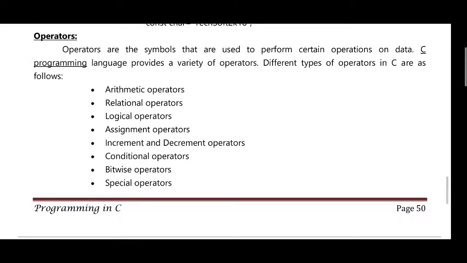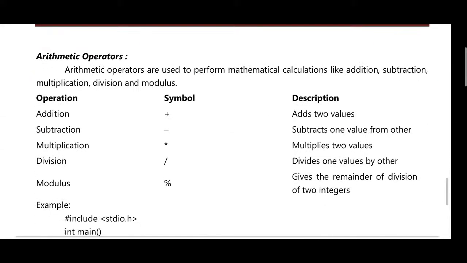First one is arithmetic operators, relational operators, logical operators, assignment operators, increment and decrement operators, conditional operators, bitwise operators, special operators. These are all the operators in C.